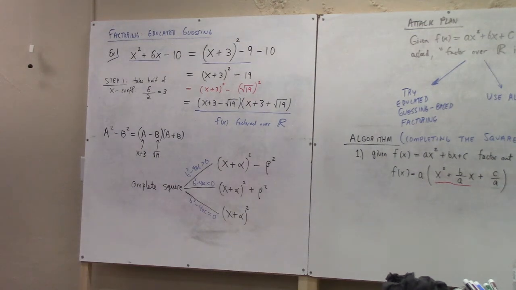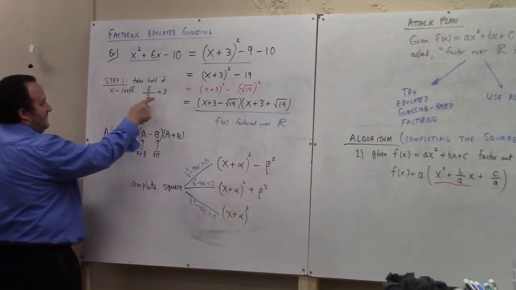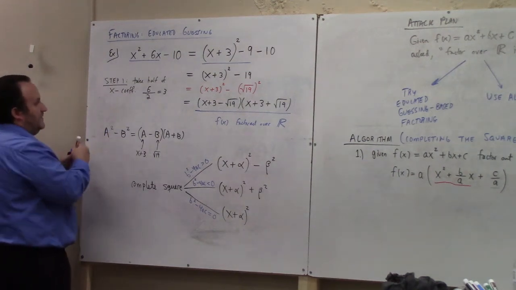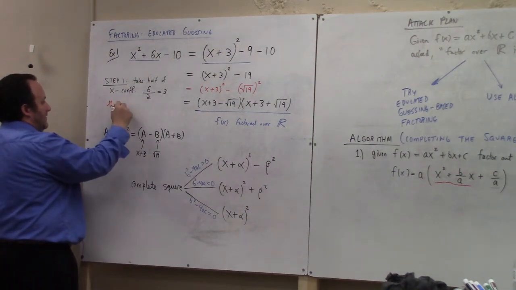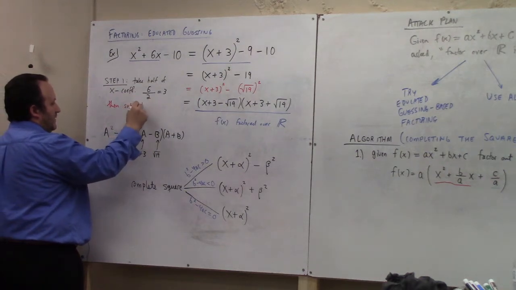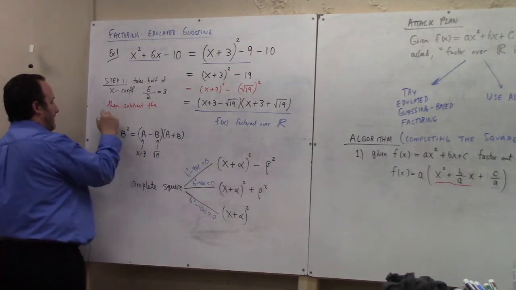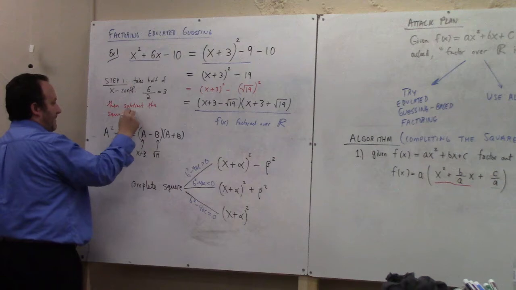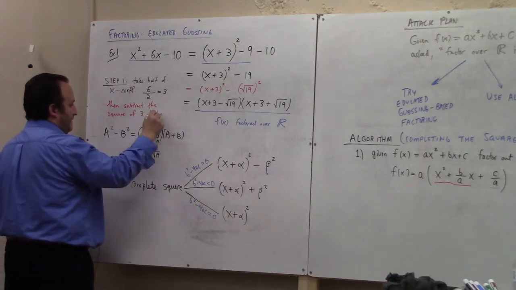Yep. Can you explain one more time where the 9 came from in the first step? Where the 9? The minus 9? Right. So we take half of the x coefficient, then subtract the square of 3, to be fair.